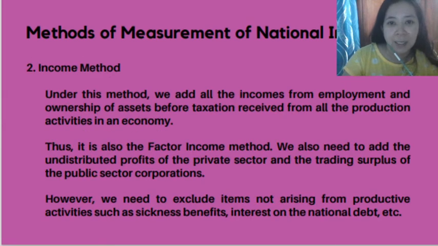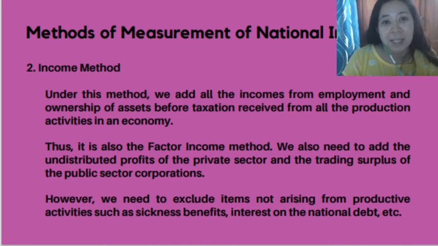Okay. So the second method is using the income method. So if we compare this with the first one, the product method, meaning to say we focus more on the production process, whereas in this second method, we will deal more with the income.